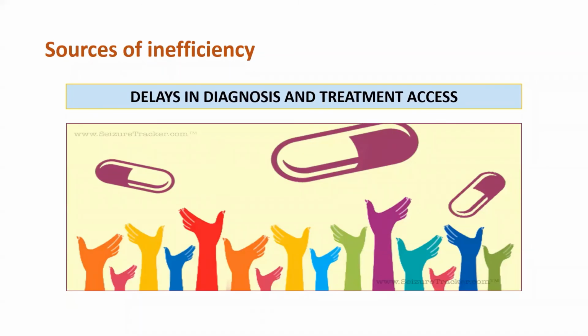Also, delay in treatment access, whether it's delay in approval of the drug, delay in regulatory approval by regulatory agencies or by reimbursement bodies, or delay in inclusion in the formulary, leads to inefficiency, because we have a drug that was developed by the industry. They spent millions or sometimes more on developing these drugs. They're out there in the market and we are not using them. And this is a source of inefficiency. Next, please.